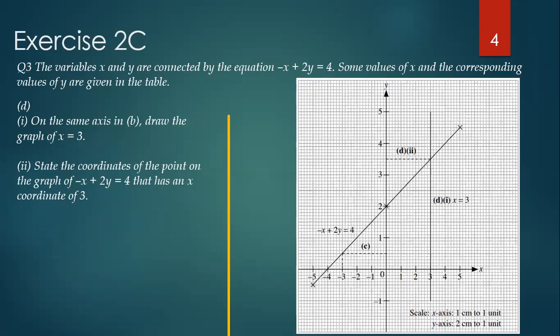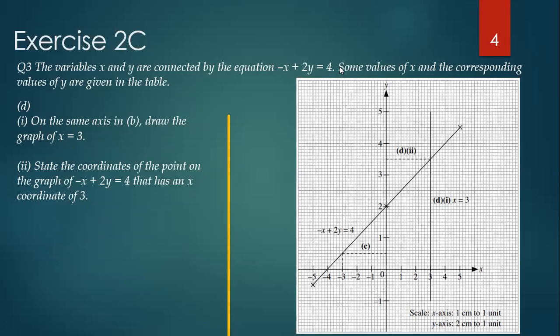Now, on the same axis, if you're going to draw a graph of x equals 3, when you draw x equals 3, that means you have to find positive 3 on the x-axis, which is this point. And if you're going to draw x equals 3, let me take you back to GeoGebra.